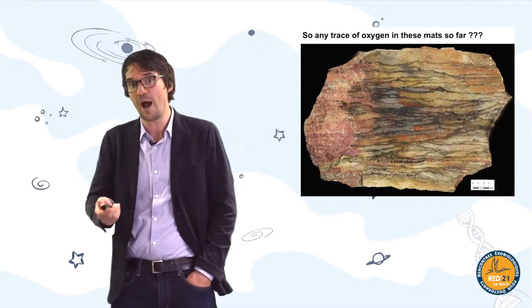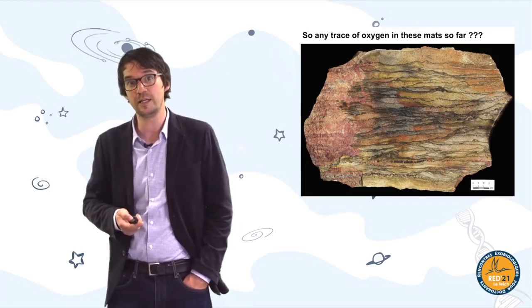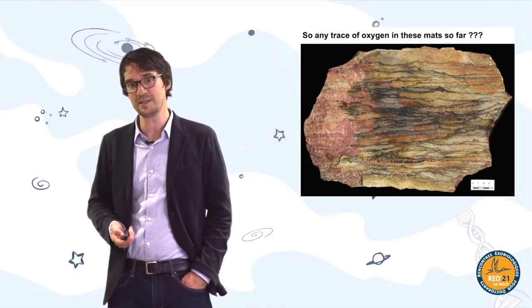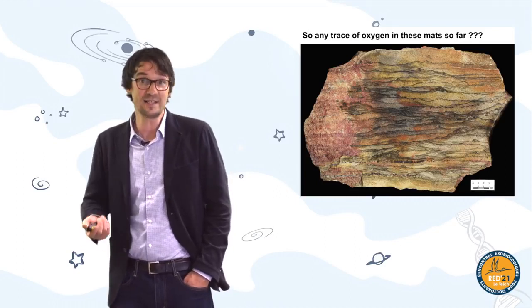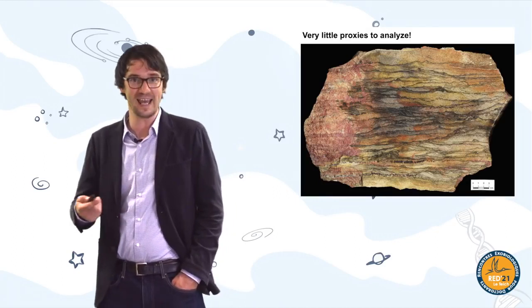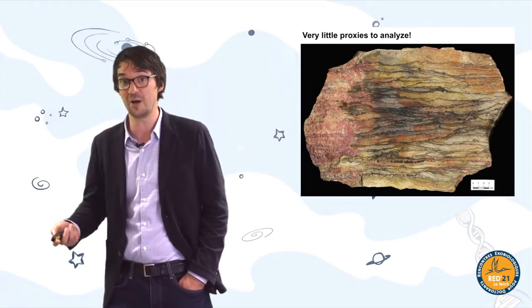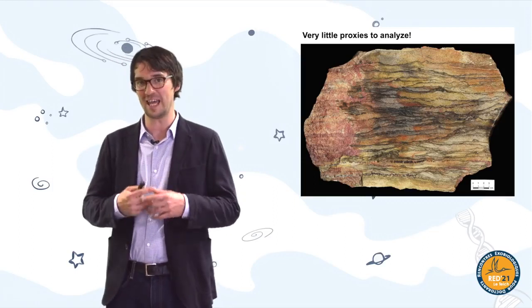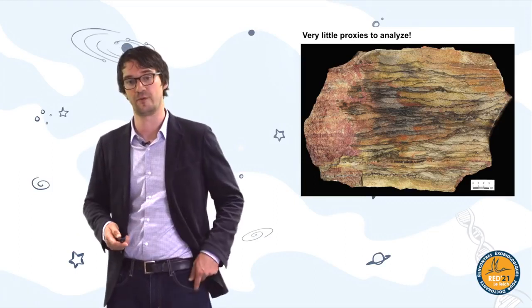The problem is, how would we go about looking to see if these early communities were producing oxygen? Well, are there any traces of oxygen in these mats? Sadly, in a sandstone, there's relatively little to analyze that tells us about the chemical environment. This is largely a physical product of weathering, and there's very little chemical signature preserved in this kind of rock.